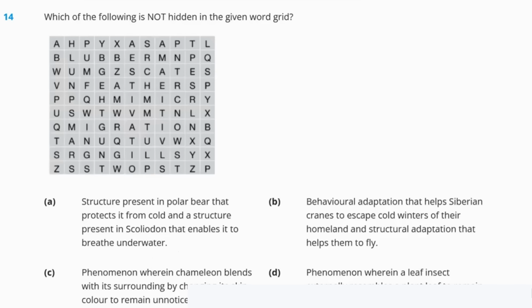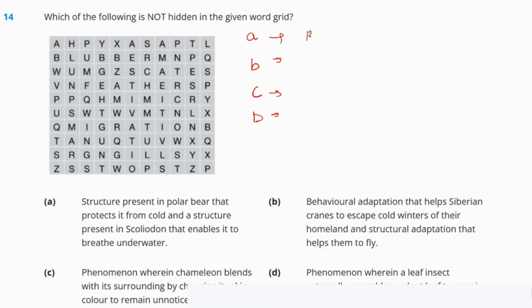Okay, coming to the 14 number question. Which of the following is not hidden in the given word grid? Okay, so here first we will write the answers of A, B, C, and D. A is a structure present in polar bear that protects it from cold, and a structure present in scallop that enables it to breathe underwater.